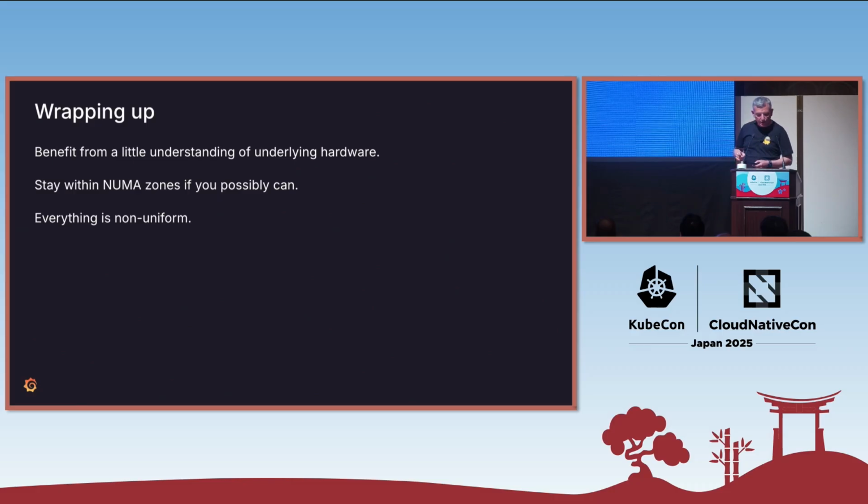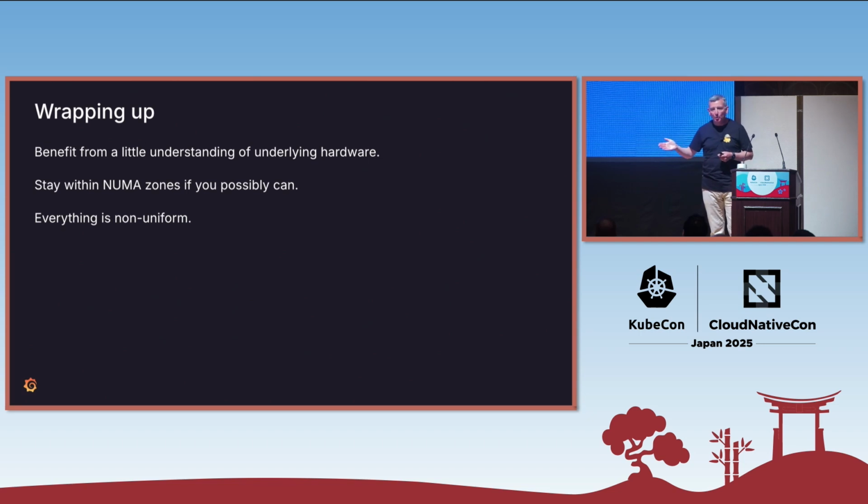Okay, that's pretty much what I prepared. I wanted to explain this thing that is going on inside your computers, which is NUMA, non-uniform memory access. Stay within those NUMA zones. So either don't use big machines or use VMs that carve up the big machines, or just run small programs if you can.